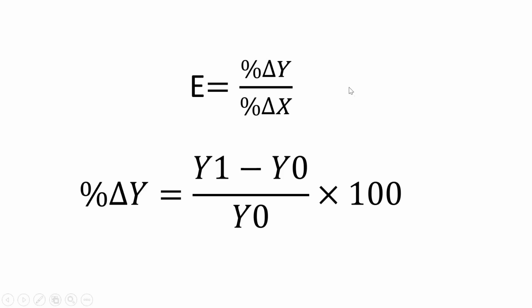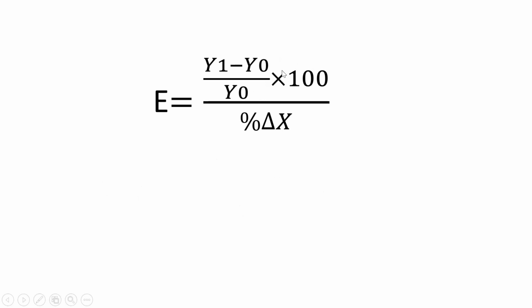Now, apart from the first way of calculating elasticity using the expression up here, there are other things we can do. Let's try to expand this expression to get some formula. Percentage change in y is equal to new value of y minus old value of y divided by old value of y times 100. Let's put this up here.